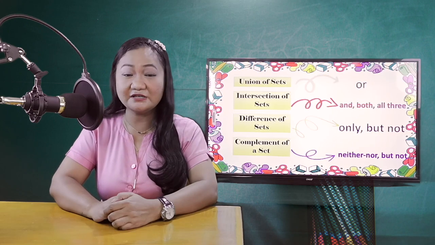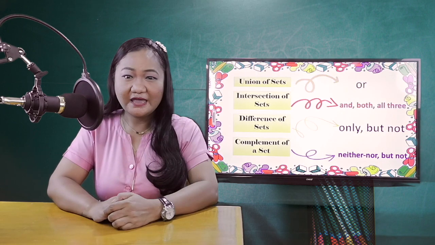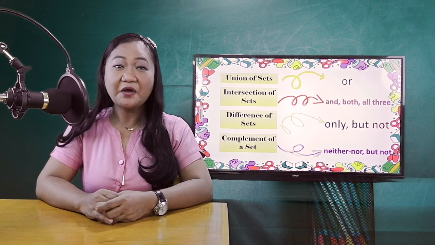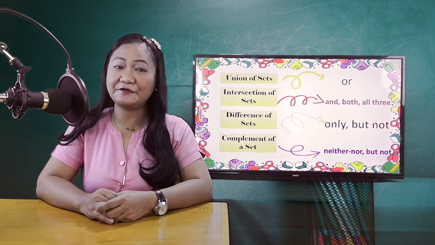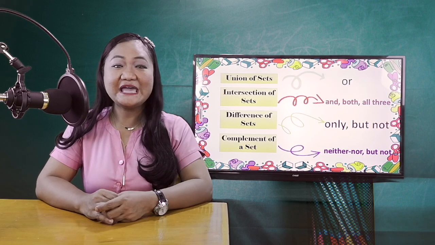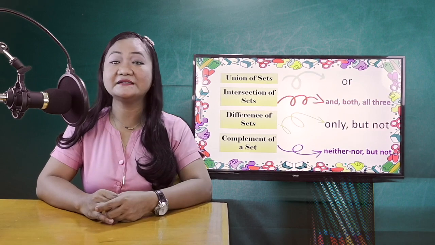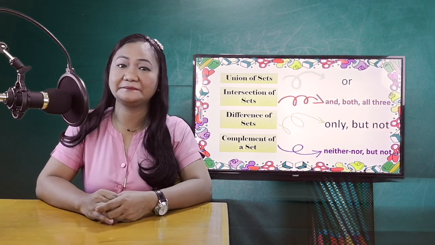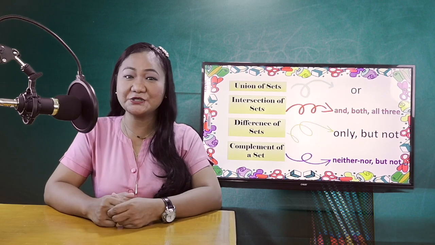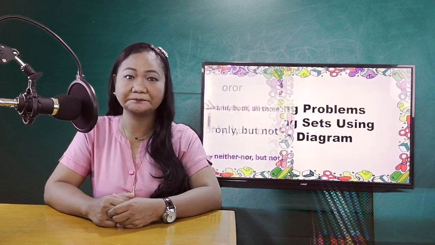For intersection of sets, we have the words "and," "both," and the phrase "all three." For difference of sets, we have the word "only" and the phrase "but not." And for the complement of a set, we have "neither...nor" for two sets, and "neither" and "but not" for three sets. All right, this time, let us try to solve problems involving sets using Venn diagrams.